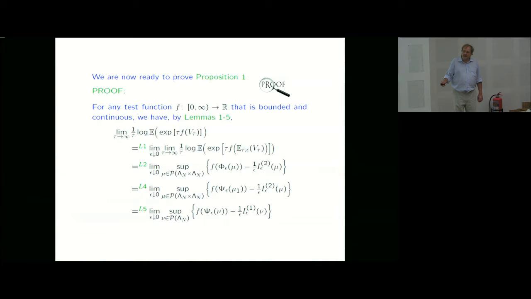Then we showed that the phi epsilon was very close to the psi epsilon. That was the fourth lemma. And then we proved that this is still a supremum over double measure, but I replace it by a supremum over the left marginal, because this thing only depends on the left marginal.